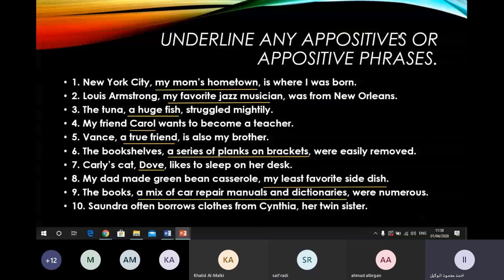I can just say my friend likes to play on his computer. But here I wrote the name Safe to identify the friend, to give us more information about the noun friend, or to rename it. So which friend are you talking about? I'm talking about my friend Safe. Okay?